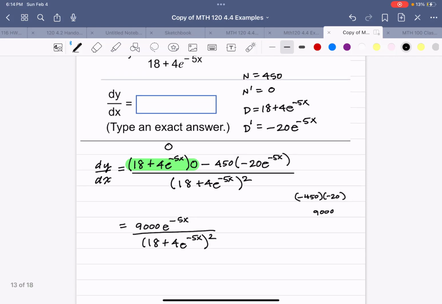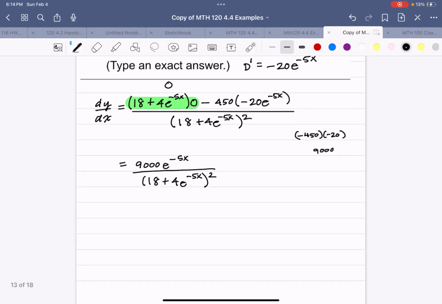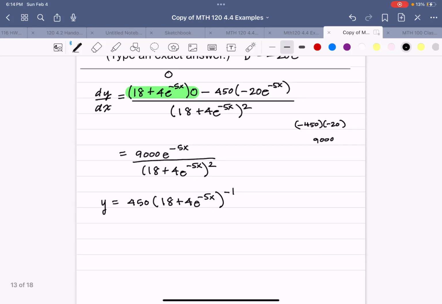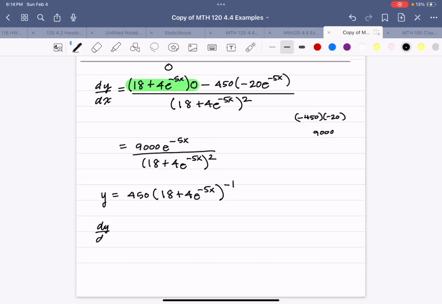Now doing it the other way, by rewriting it, y is 450 times 18 plus 4e to the negative 5x to the negative 1, I'll get dy dx is constant times the power times the base to the power minus 1 times derivative of that base, negative 20e to the negative 5x.